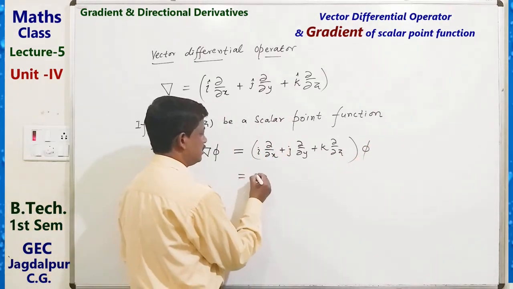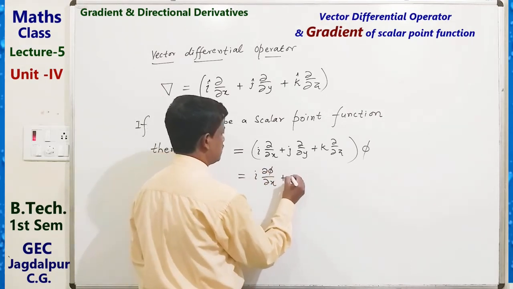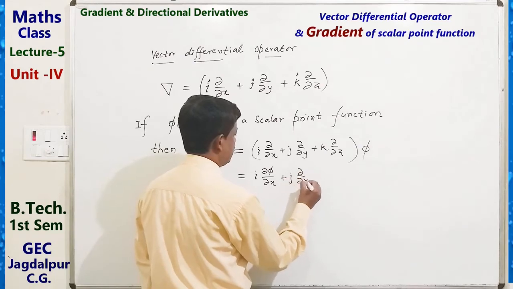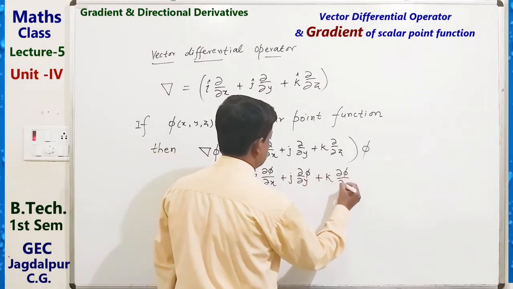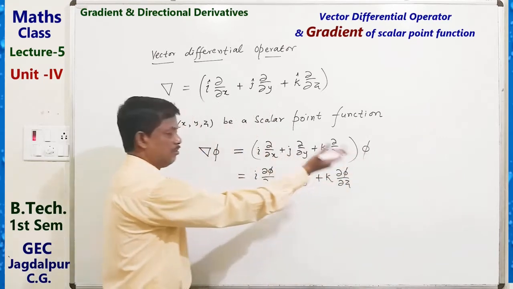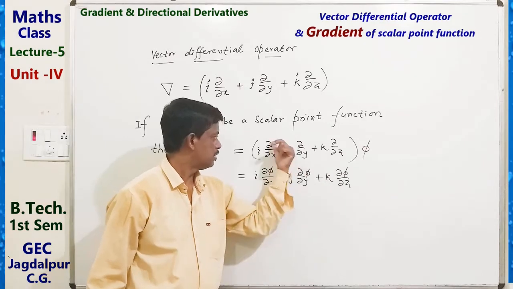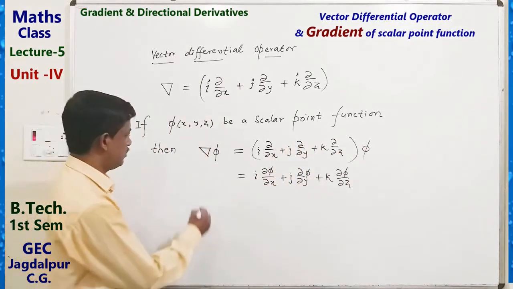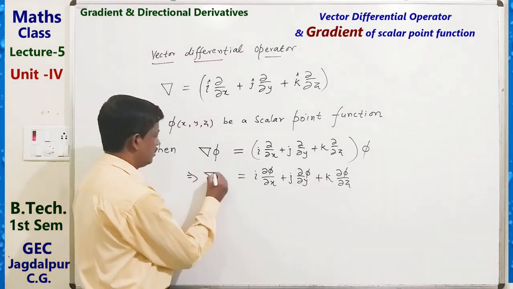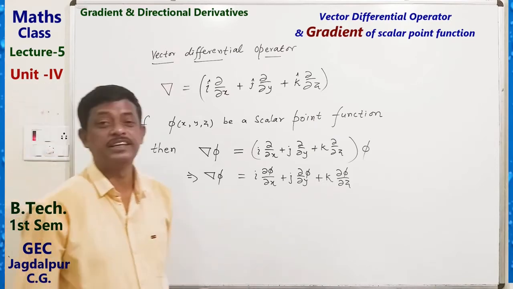This gives i del phi/del x plus j del phi/del y plus k del phi/del z, which means phi goes to this place. Here the differential operator gives a vector. This is a vector, and it is known as gradient.